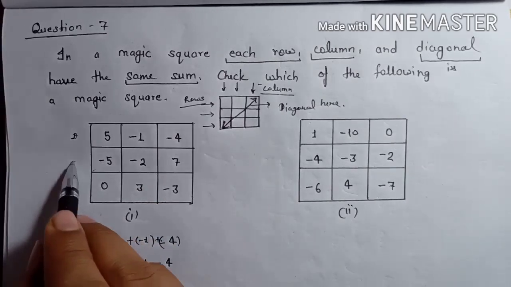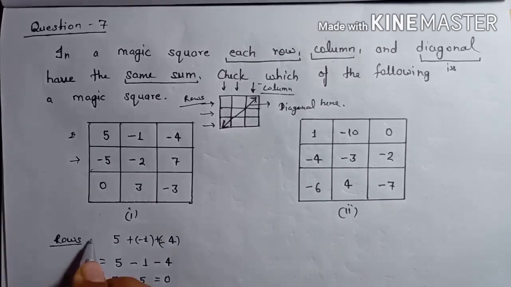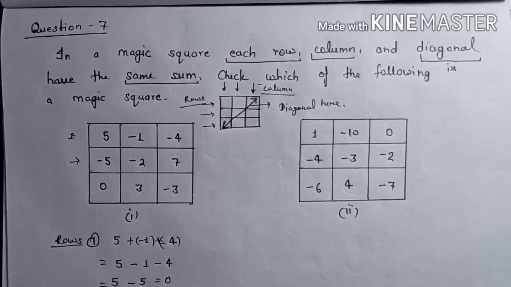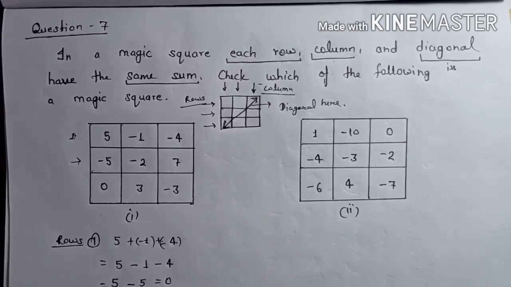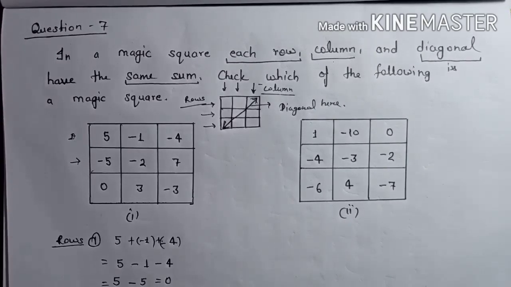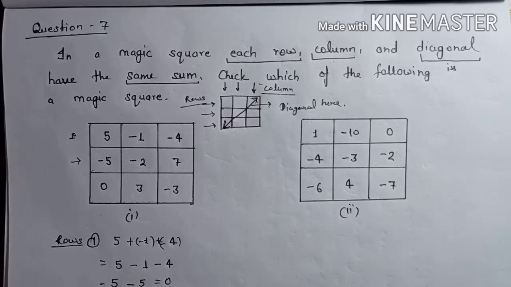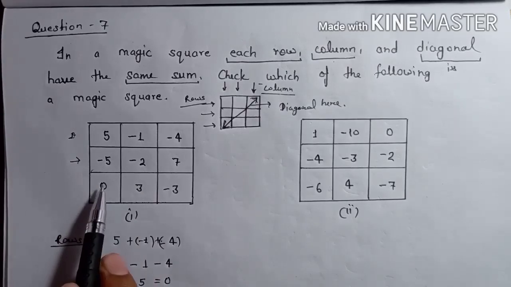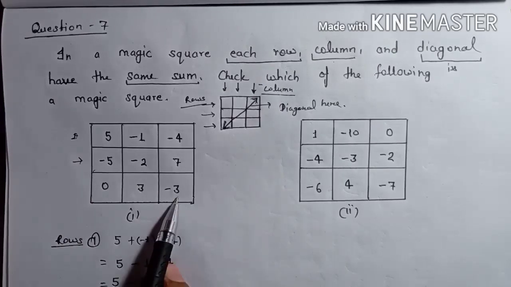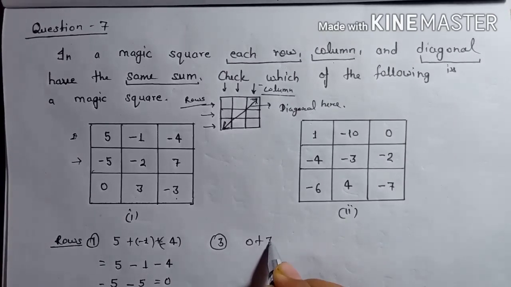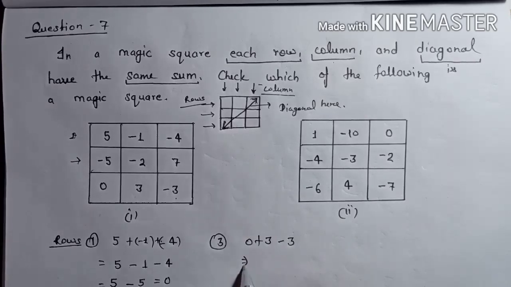Second row is minus 5 plus minus 2 and plus 7. This will be minus 5 minus 2 and plus 7, means this is minus 7 plus 7, and the answer is 0. For the third row, 0 plus 3 and minus 3, the answer is again 0.